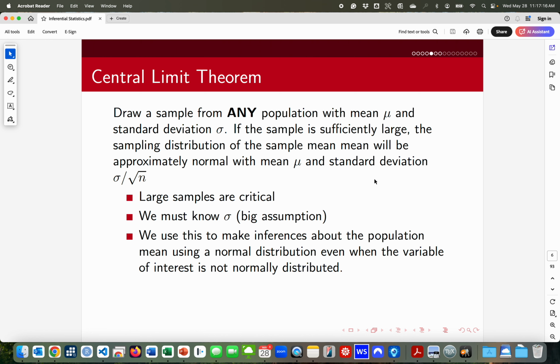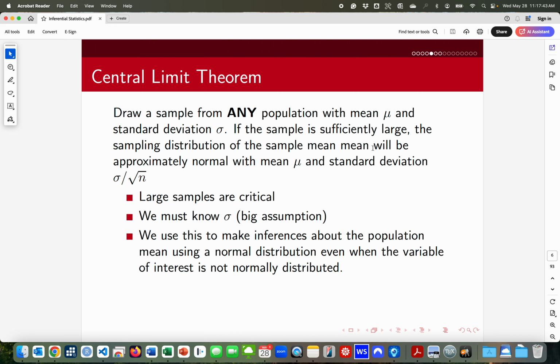So if you're trying to make inference about the population mean of any variable, the precision depends on how large the sample is. It also assumes that the sample is random. Every observation in the population was equally likely to be selected for your sample. All that stuff is still true, but the big thing here is we need large samples.